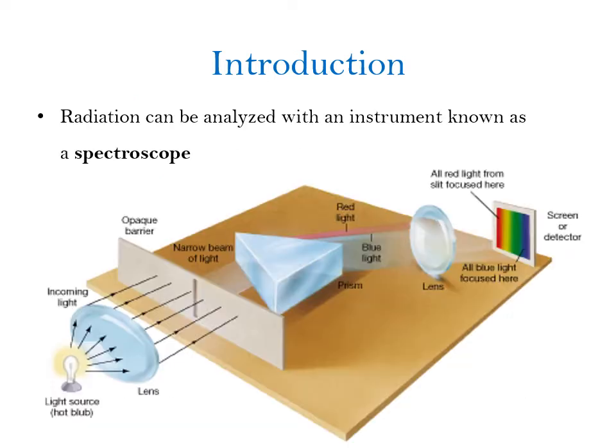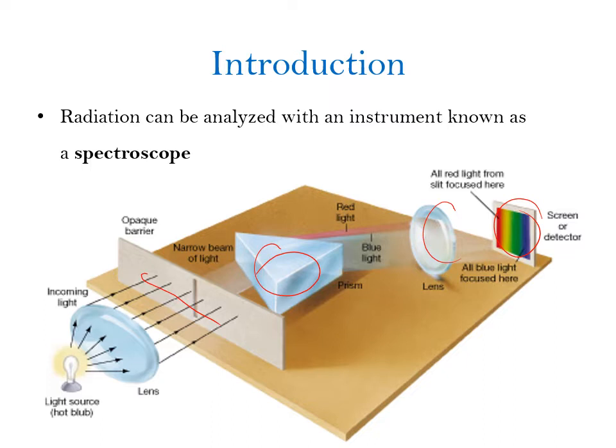In its most basic form, a spectrometer consists of an opaque barrier with a slit in it to form a narrow beam of light, a prism to split the beam into its component colors, and either a detector or a screen to allow the user to view the resulting spectrum.